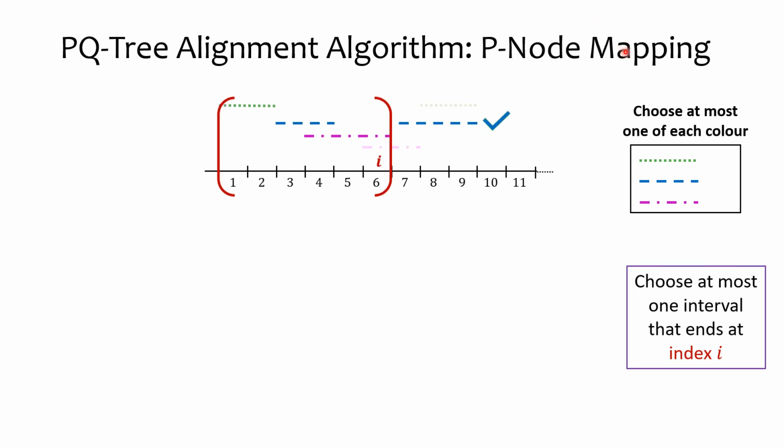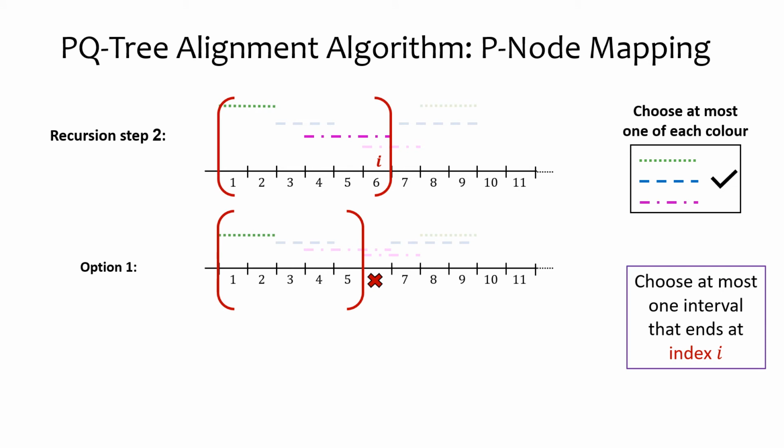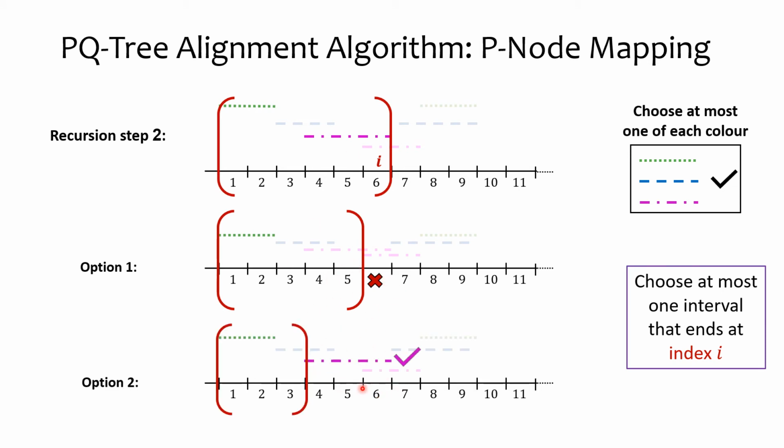Because we already chose the blue interval, we cannot choose any more blue intervals. We also cannot choose the rightmost green interval and pink interval because they are beyond our new endpoint. Intervals that we will not be able to choose are marked here in lighter colors. Once more, we can either delete a character or choose an interval.